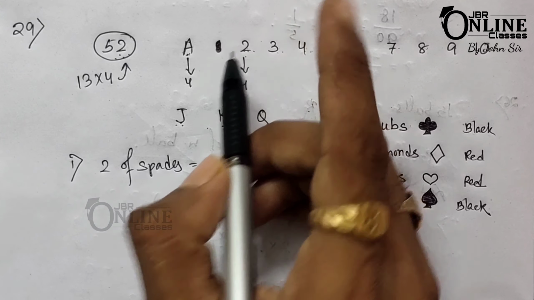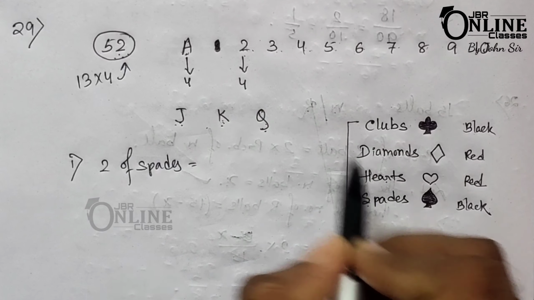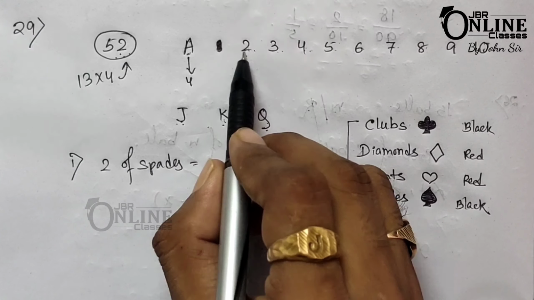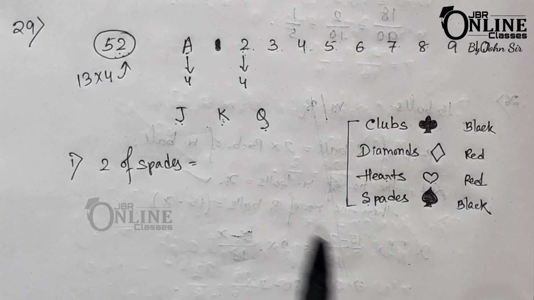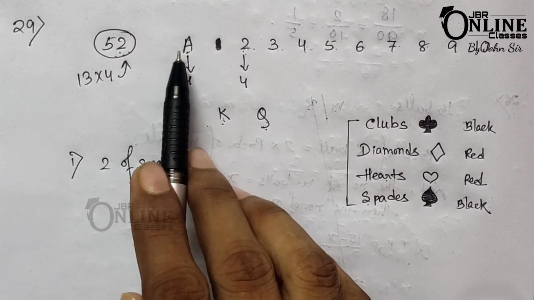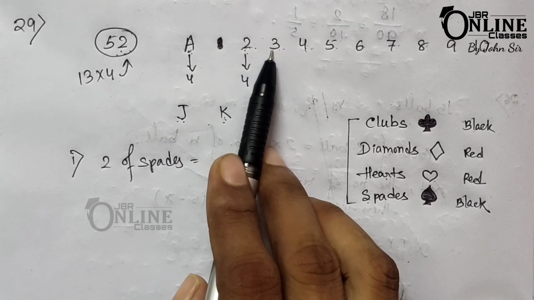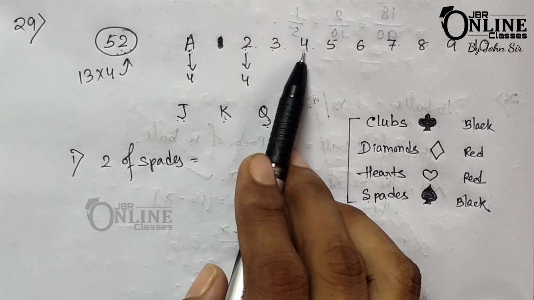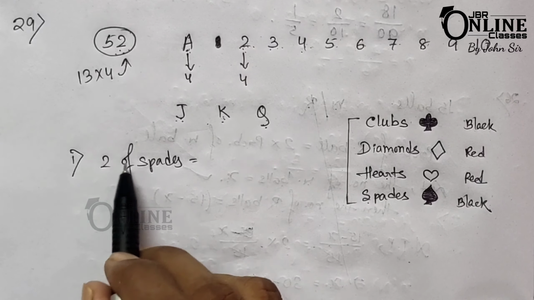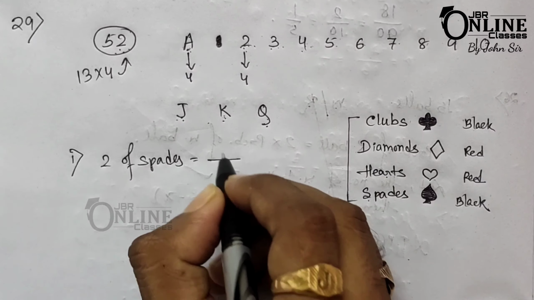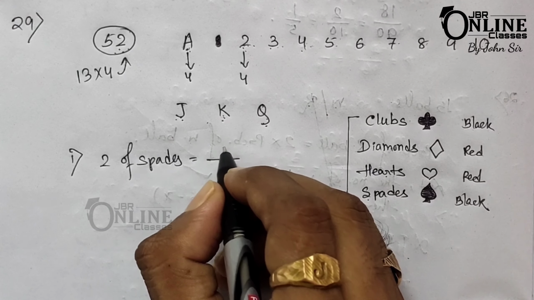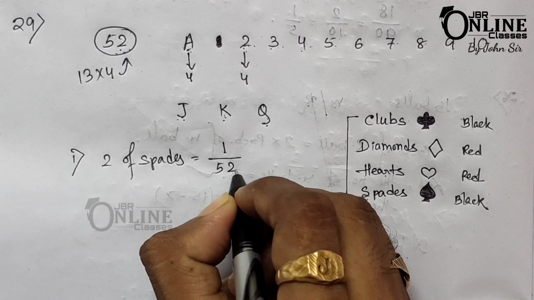There is only one, because for each value there is only 1 spade. That means for Ace only 1, for 2 only 1, for 3 only 1, for 4 only 1. So there is only 1 two of spades, so 1 by 52 is the probability.